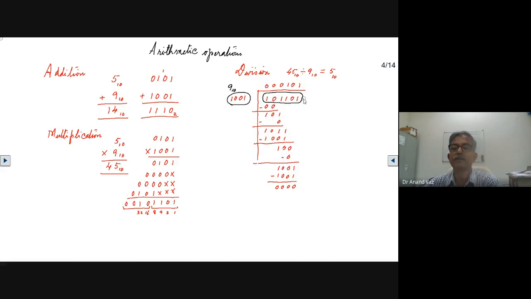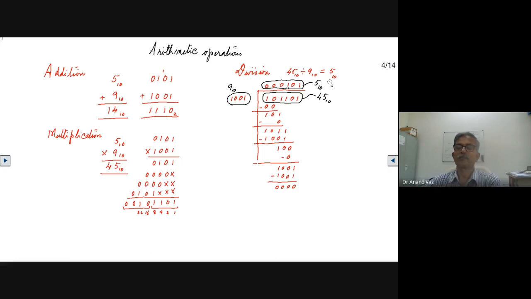This is 45. This is in the decimal domain, and you have 5. I'm not considering the other digits here, they are not of significance. So essentially you have just 5 here, and this is the quotient.